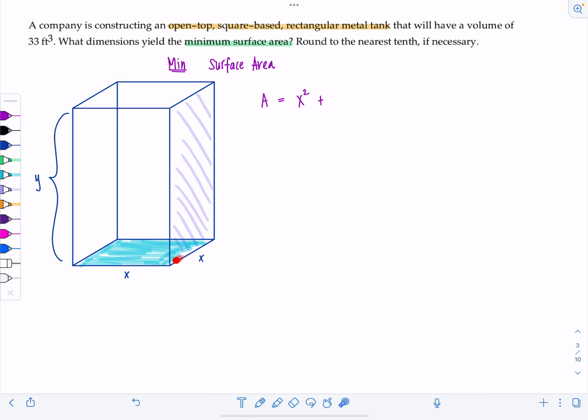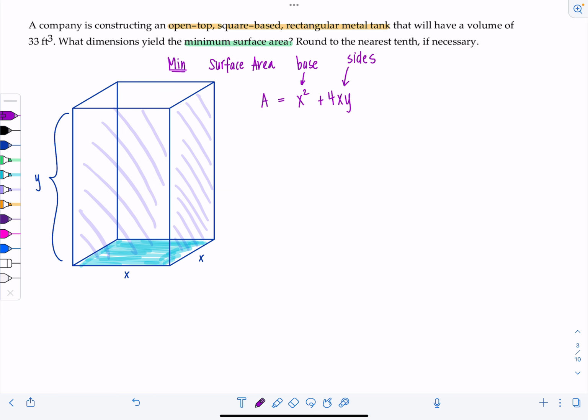It's going to be x times y. There's one side. Here's another one. This is also x times y. And then this one on the side here is x times y, and the back is also x times y. So we've got 4 xy's. So we have 5 surfaces total. This is the base, and then these are the sides. All right, that looks lovely.